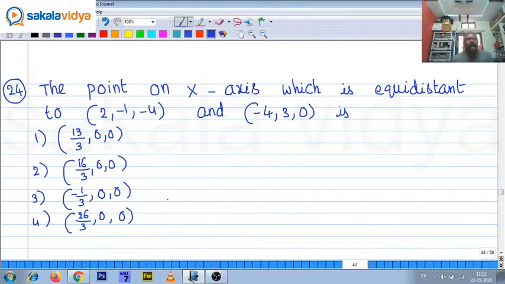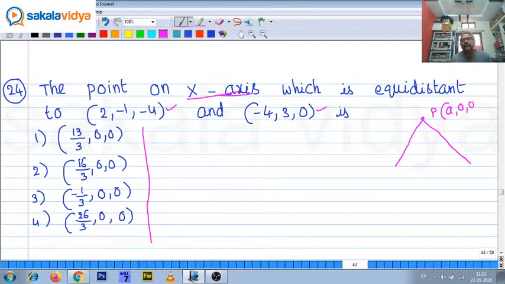Okay, so now the point on x-axis which is equidistant from these 2 points we need to find out. That means, for example, you take P as the required point. On x-axis means that point will be a, 0, 0. On x-axis y is equal to 0, z is equal to 0.